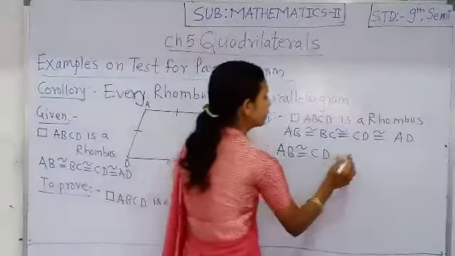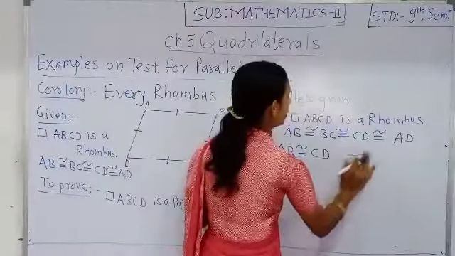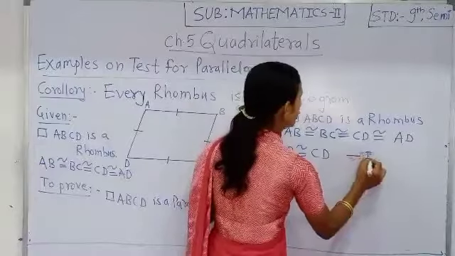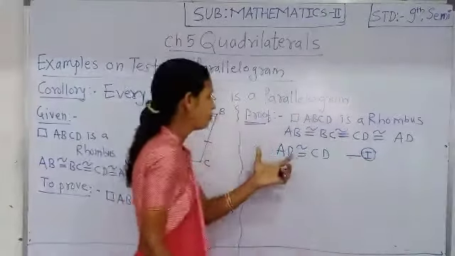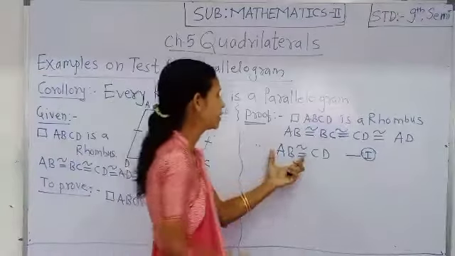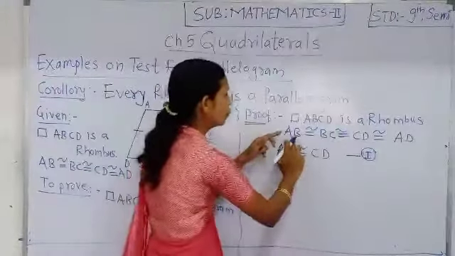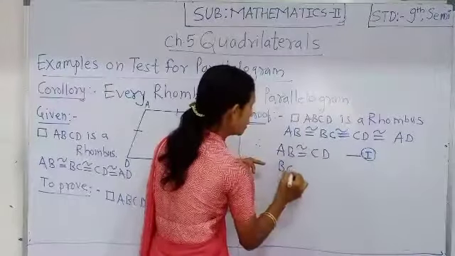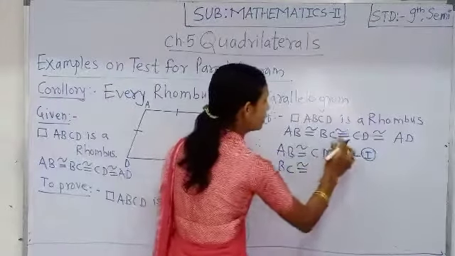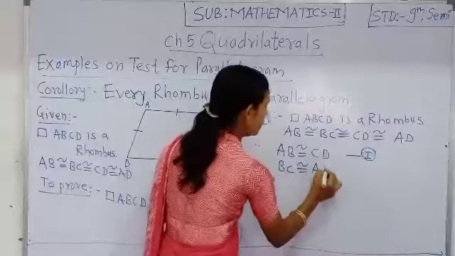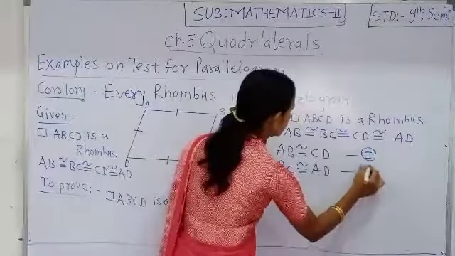That is an opposite pair of sides of the quadrilateral: AB congruent CD. Let this be equation number 1. Similarly, we can write BC congruent AD. Let this be equation number 2.